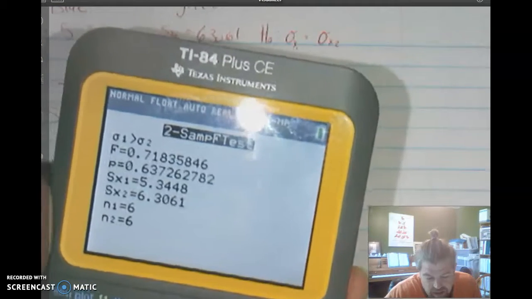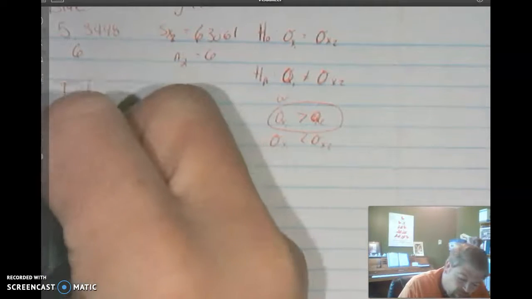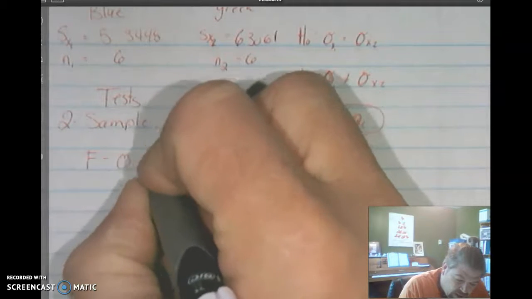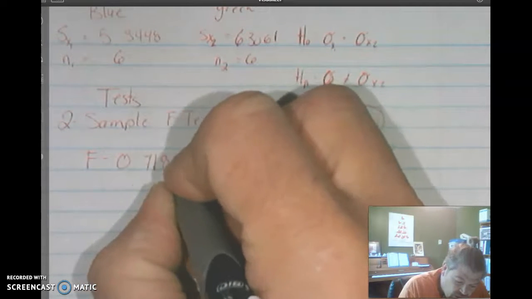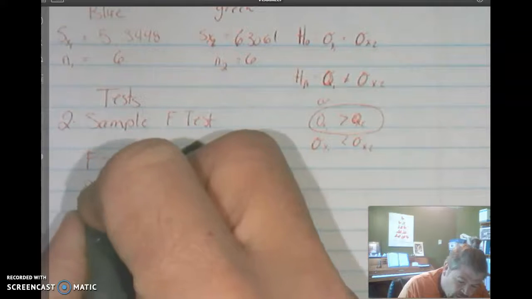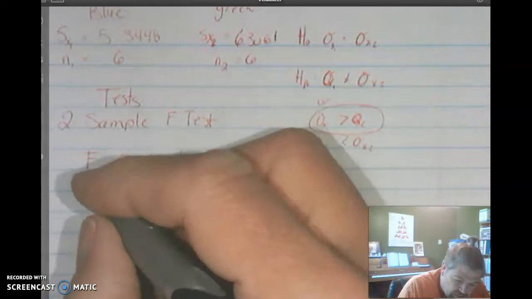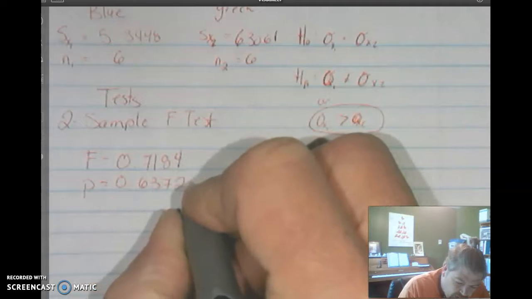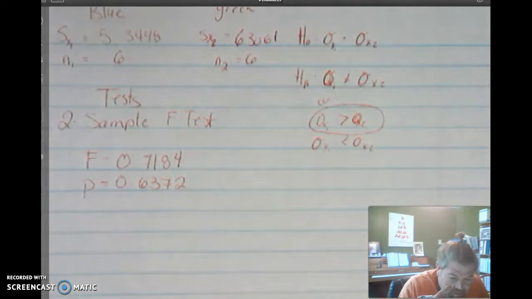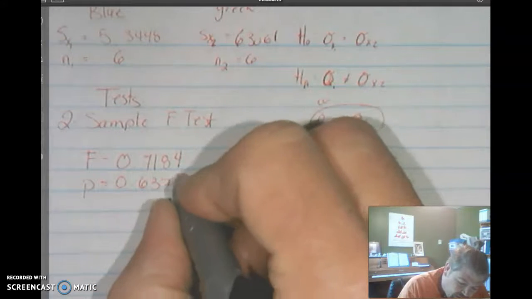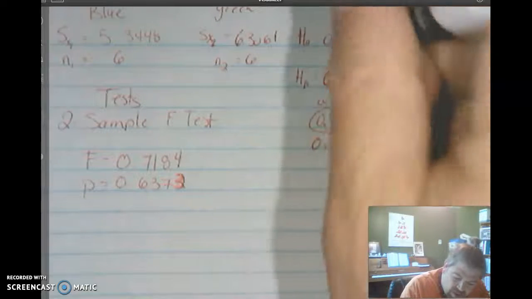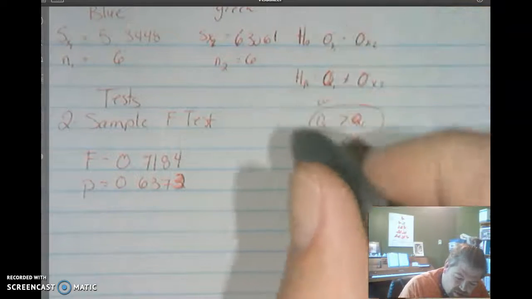Calculate it. So then what we want to report is my F score. My F value is 0.7184. I want to report my p-value. I guess that should be a 3. So then I've stated my null hypothesis, my alternative hypothesis.